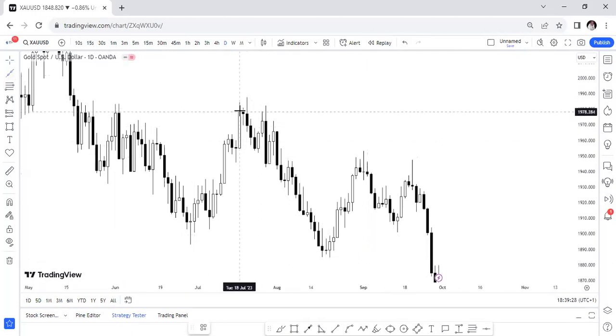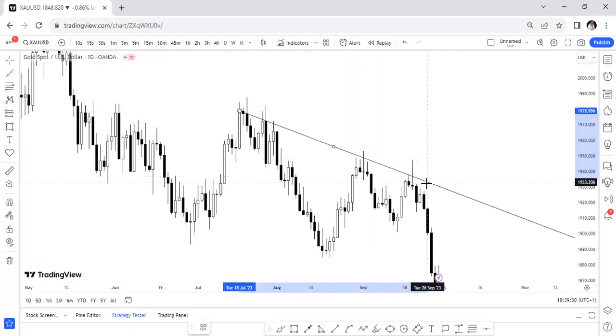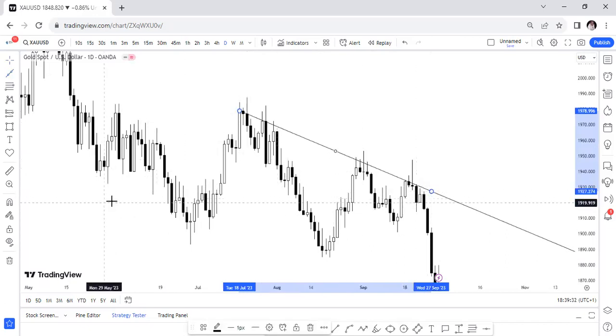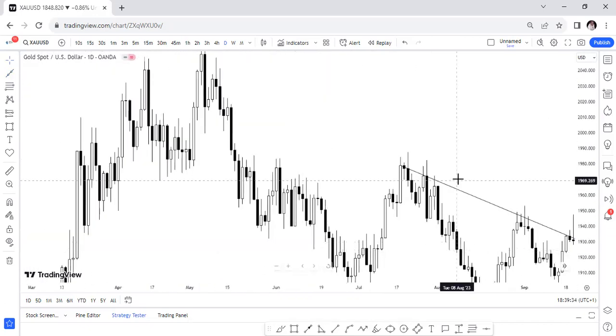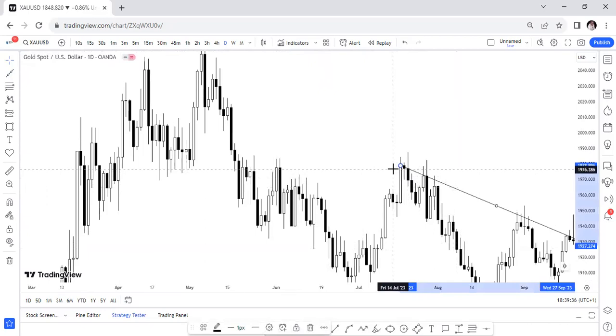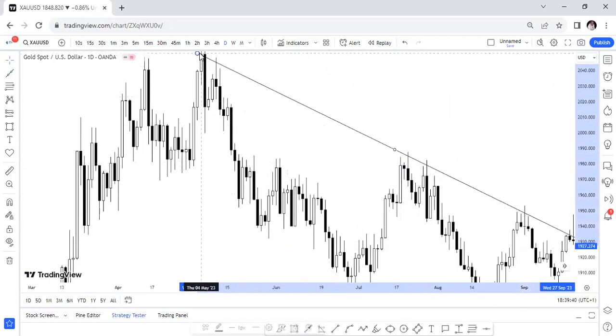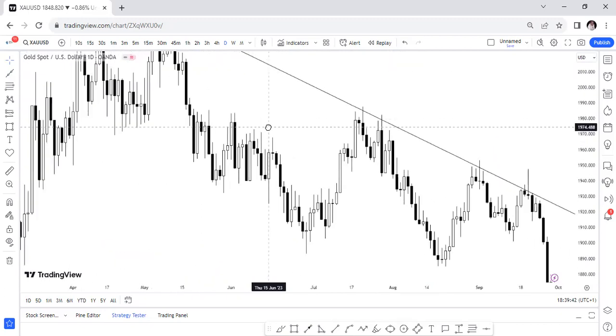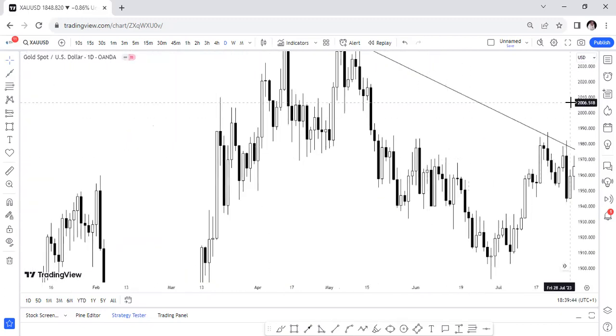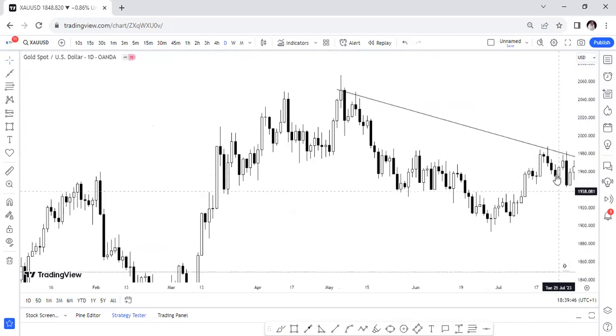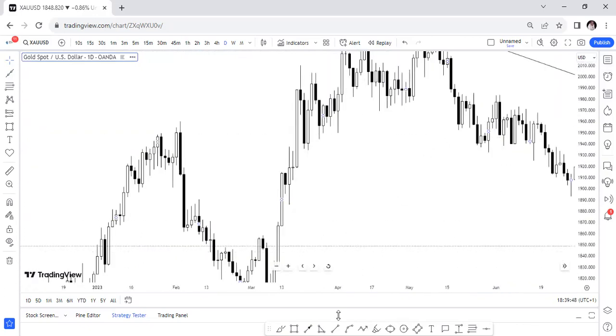So if you want to determine the price is in a downtrend, you mark it downward like this, right? So this is how to determine if the price is in a downtrend or in an uptrend.